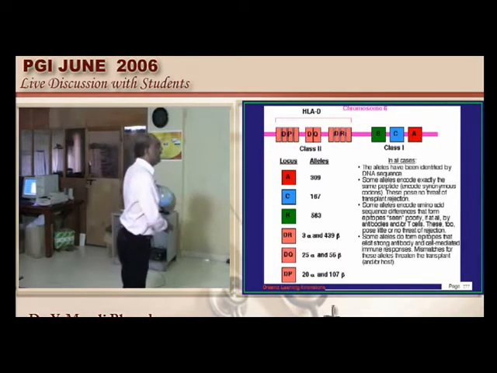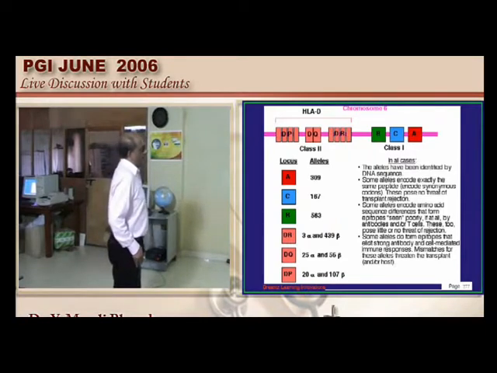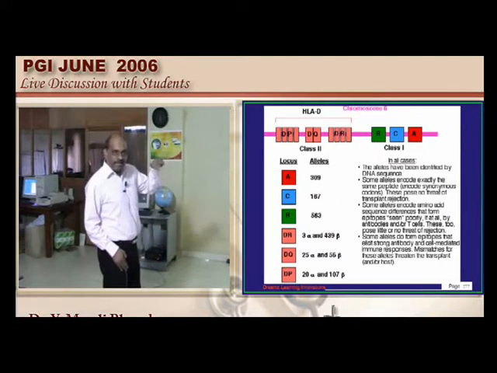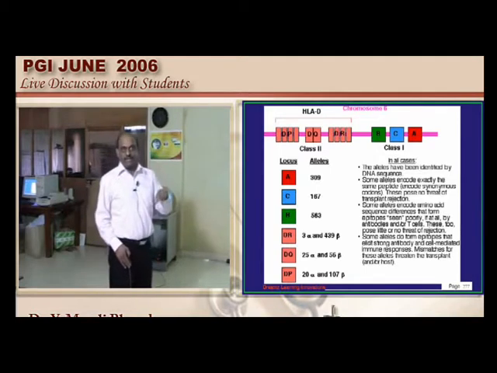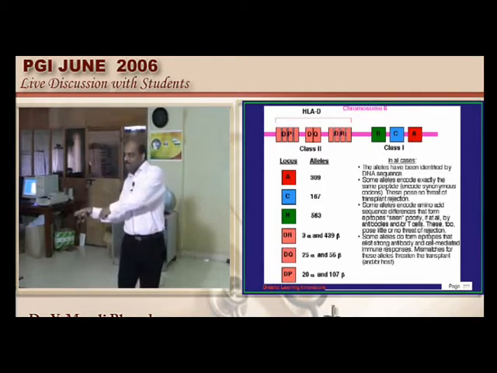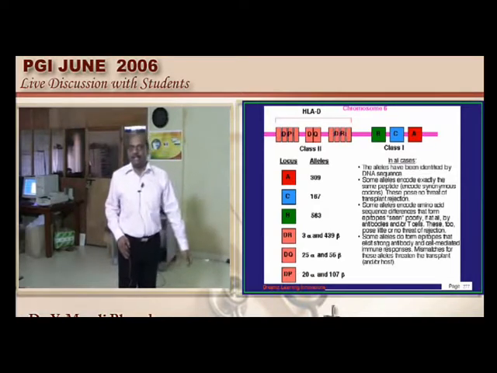B5, A3 should come in toto together. So what is the chance that this composition A1 B37 and A3 B5 can be there in any of the other siblings? Only one more sibling can have the similarity. So there is only a 1 in 4 chance that there can be an absolutely matching copy of the HLA in your next sibling, is what we have to remember.